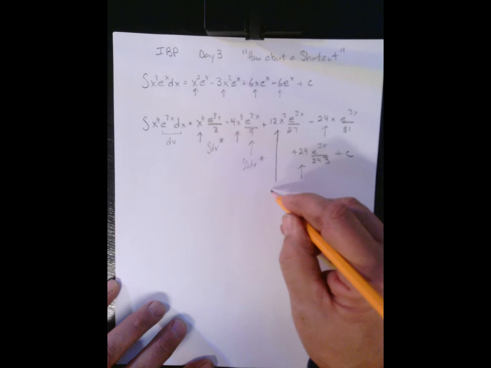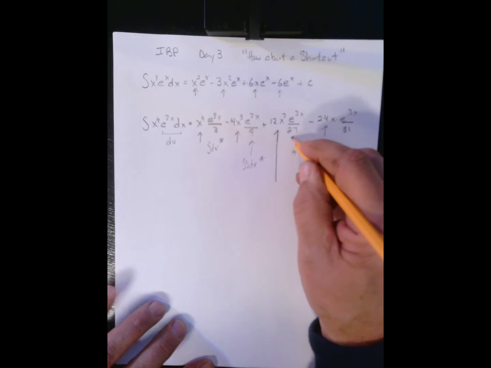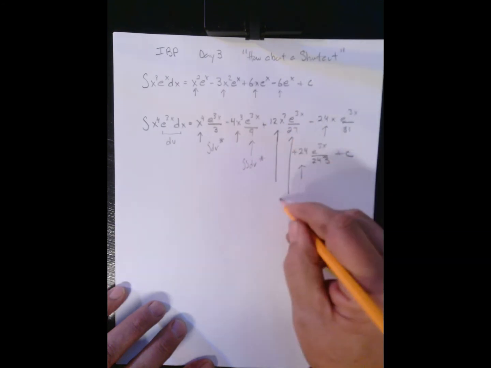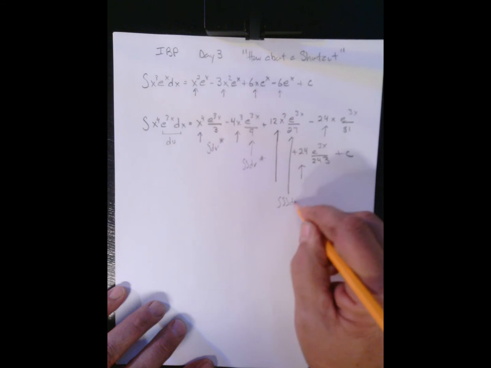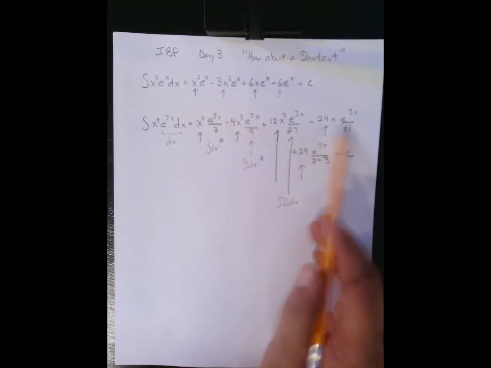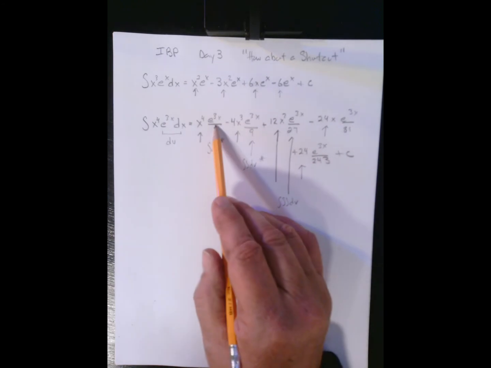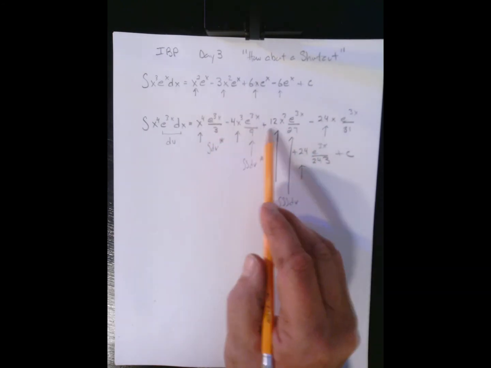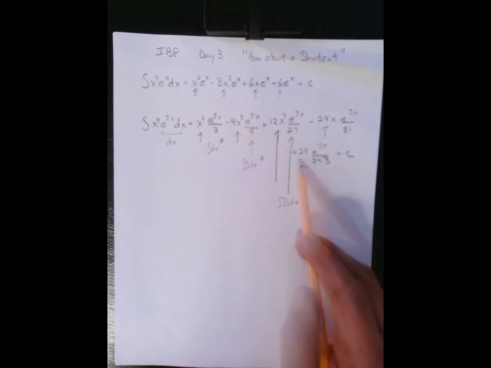And this actually turns out to be the integral of the integral of the integral of dv, and so on. So the terms have successive derivatives of u and integrals of v with alternating signs.